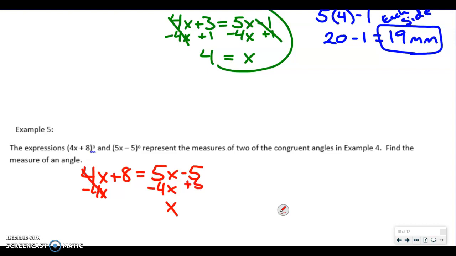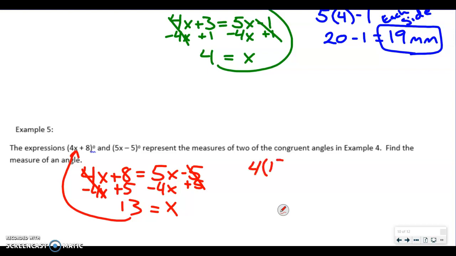Add 5 to both sides. And we get x equals 13. But we need to find the measure of an angle. So we need to take 13 and plug it back in for x.